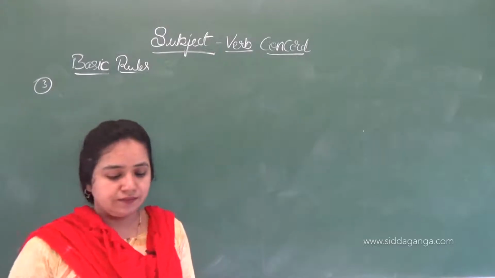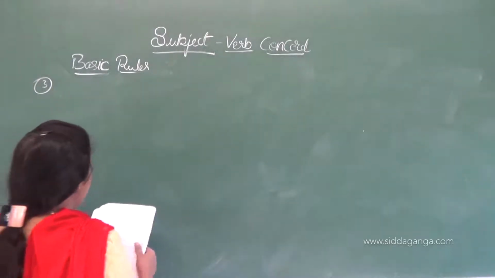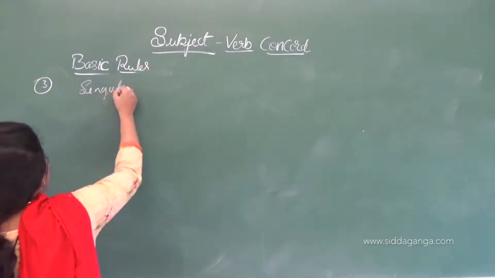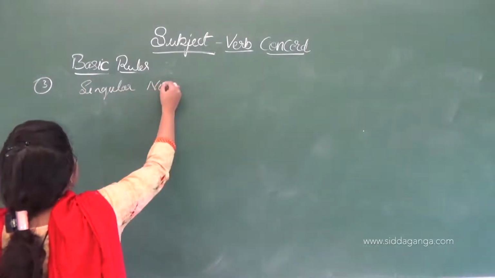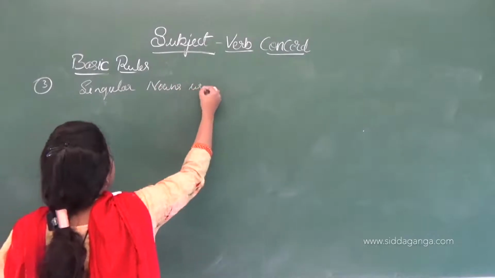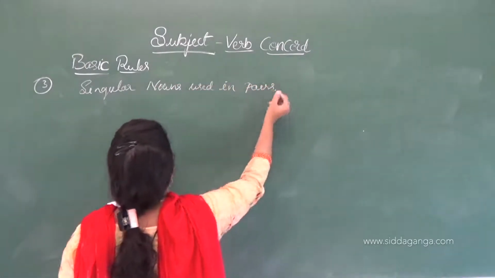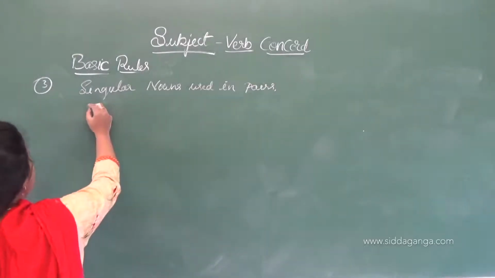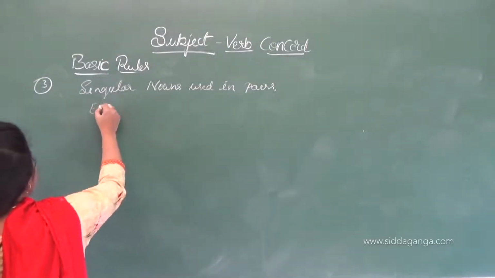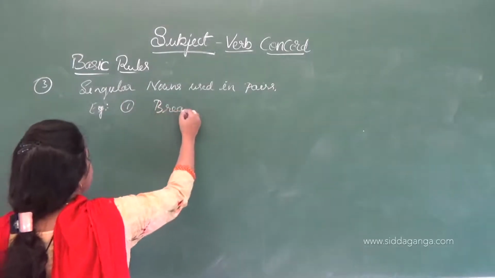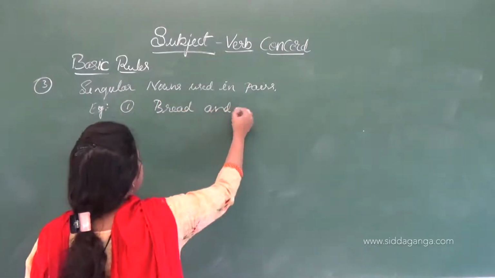So let's see here. Singular nouns used in pairs. So what is the helping verb? Example, bread and butter.